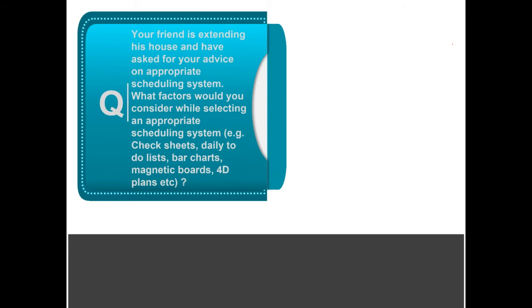Maybe a very simple check sheet, or perhaps just a daily to-do list, some sort of manual approach, or would you suggest that they use a bar chart, or would you suggest magnetic boards on site where they could see, or would you suggest a more sophisticated 4D planning? So what would be your key factors when you suggest an appropriate scheduling system to your friend?